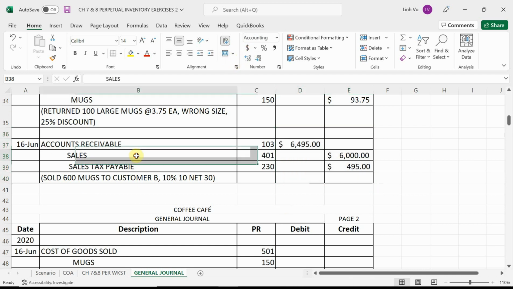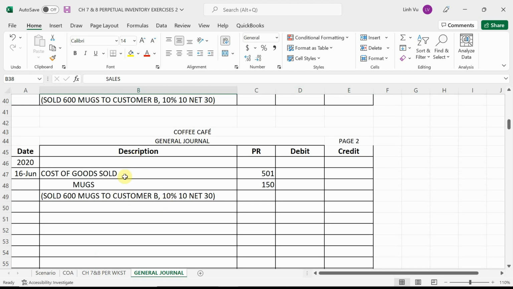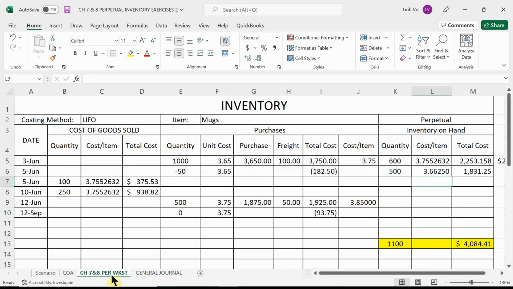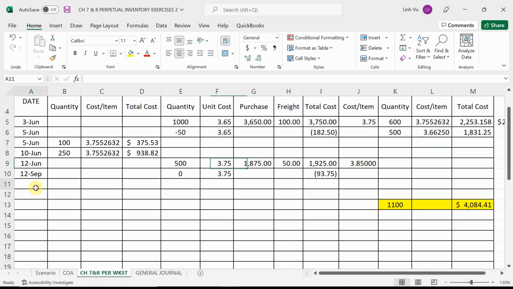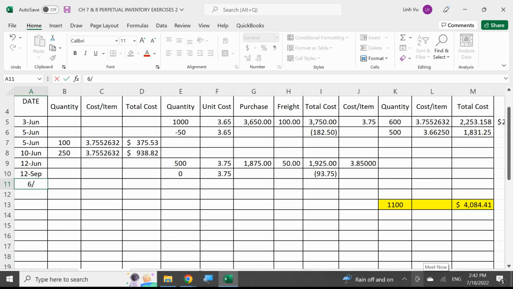Okay, and because I sold 600 units, how much is my total cost of goods sold? So let's go ahead and go into my inventory worksheet to solve for my answer. So in this case, I just sold 600 units to my customer B, on the 16th.